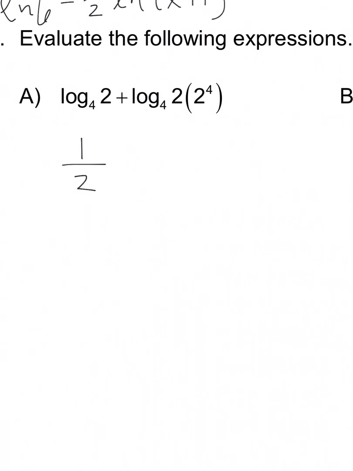Since we have 2 to the first and 2 to the fourth, we put that together, that'd be 2 to the fifth. 2 to the fifth would give us 32. And then I think, okay, 4 to what power gives us 32? That's not a whole number, so I don't really want to go that route. I'm going to try splitting this up by using expanding rules and see where that takes me.